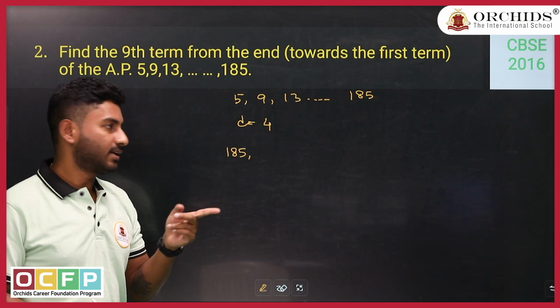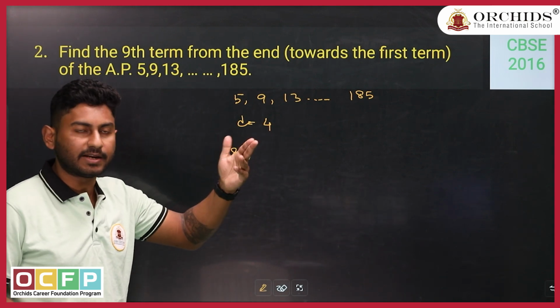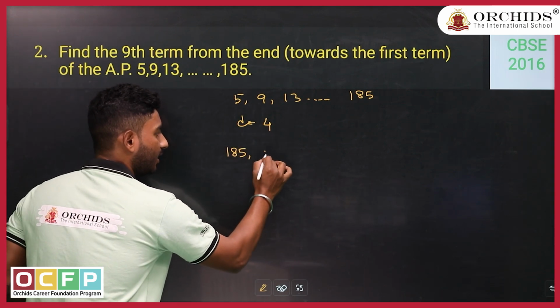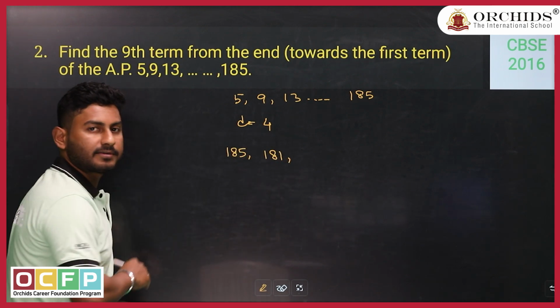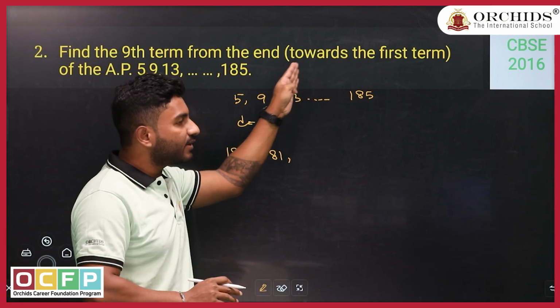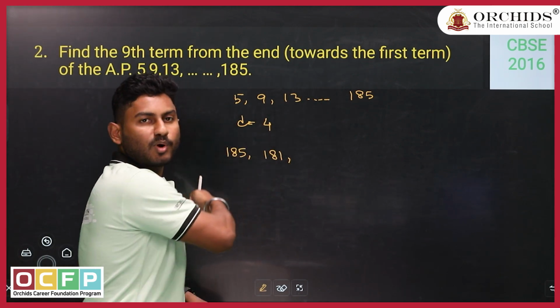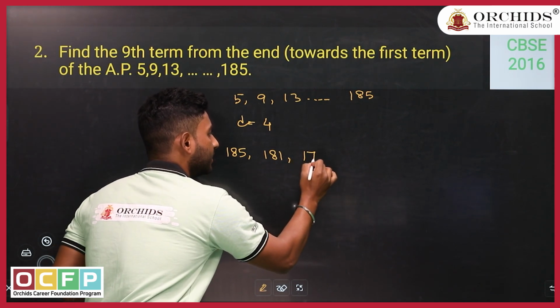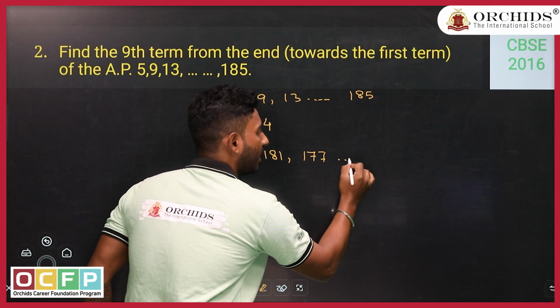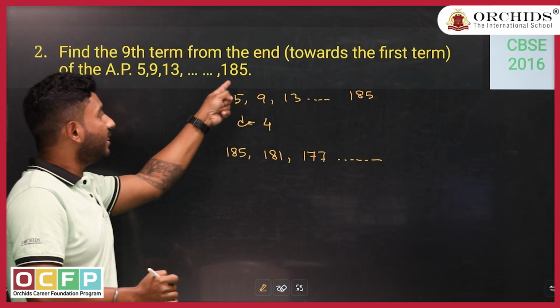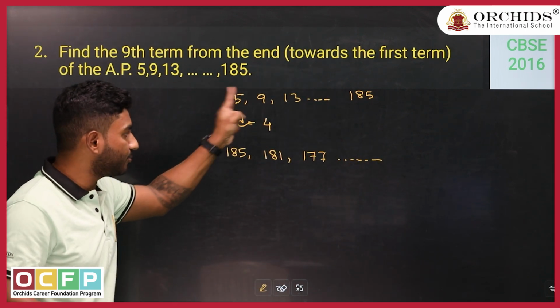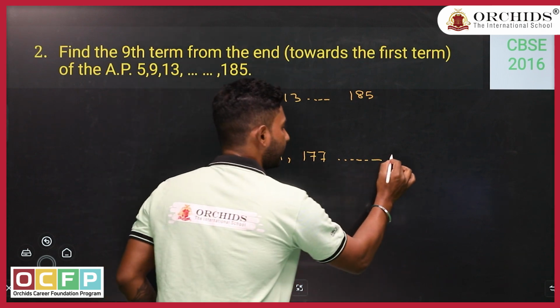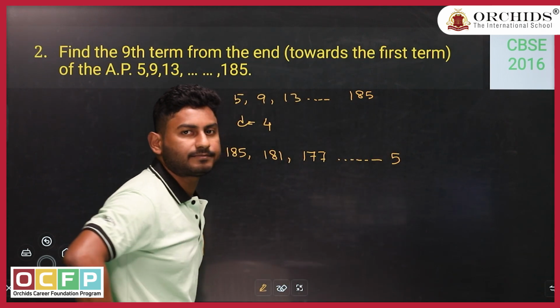Any guess? Obviously there will be a difference of 4, right? So the next term will be 181. What will be the previous term again? Again 181 minus 4. How much will it be? 177. And that's how it will move on until the first term. The first term will be the last term this time. Yes? So this will be 5.